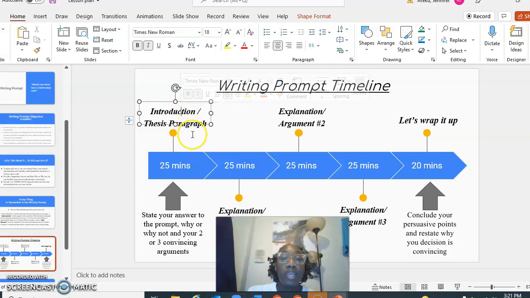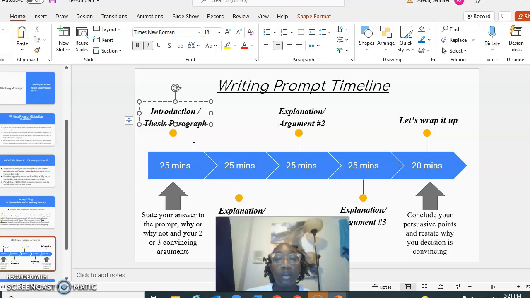So you might take 20 or 25 minutes to explain the introduction and thesis paragraph, give them time to write, and then it'll be like a call and response. You'll call on a student, and the student will respond about what they wrote and why they wrote it. All right.